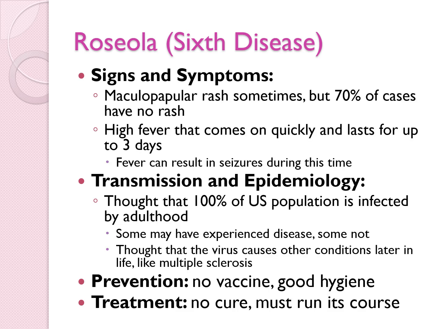Now, it is defined as having a maculopapular rash sometimes, but for the most part, super weird, 70% of cases don't have a rash. The concerning sign and symptom is a very, very high fever that comes on really quickly and lasts for a few days.